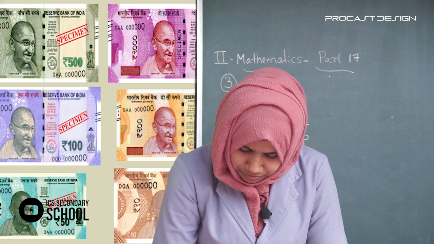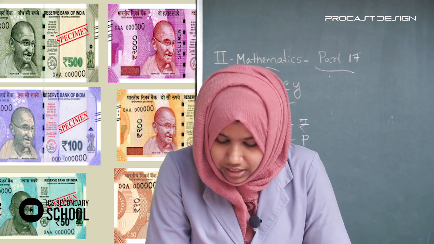So this is the chapter we studied about money. On page 57, in exercise 1, write the value of each note in the box.